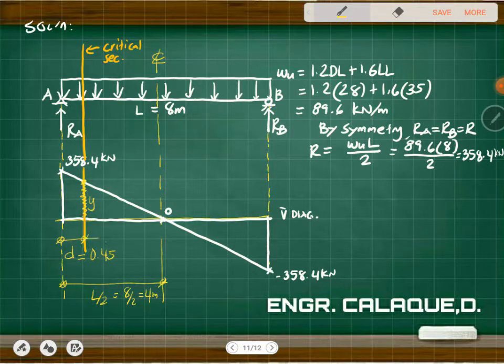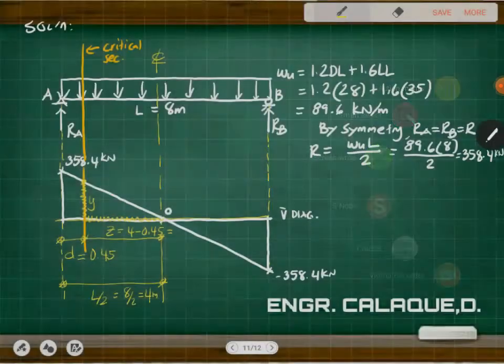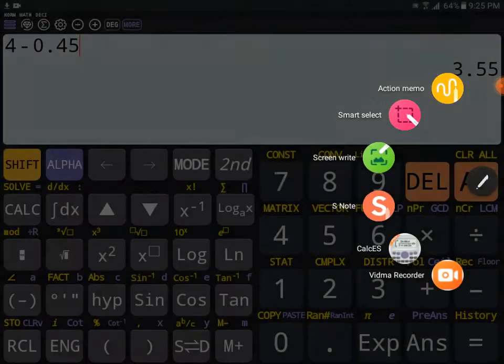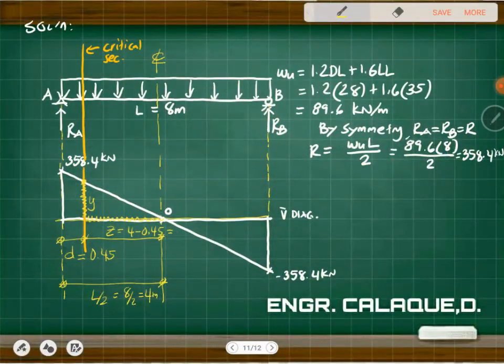So, ibig sabihin yung natira dito, if I assume this is Z, so that is just 4 minus 0.45. Or yung Z natin is just equal to 3.55.